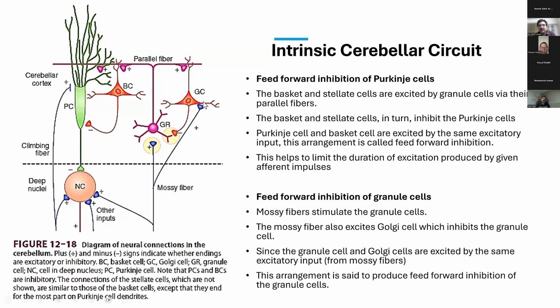So excitation as well as inhibition is occurring simultaneously, in equilibrium, since the granule cell and the Golgi cells are excited by the same excitatory input from the mossy fibers. So this arrangement is said to produce feed-forward inhibition of the granule cells.